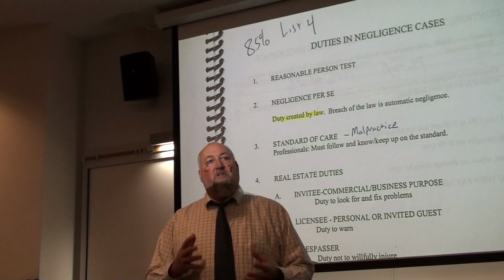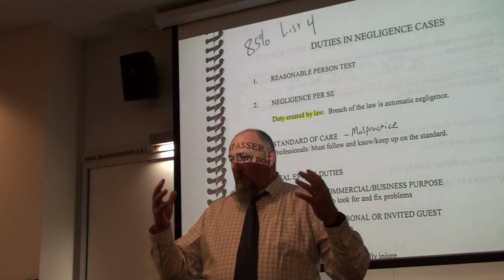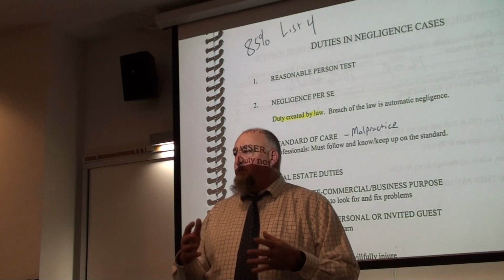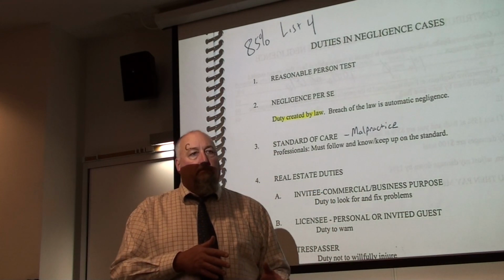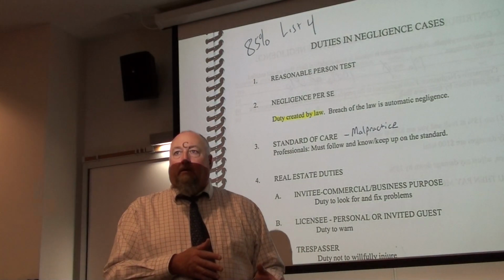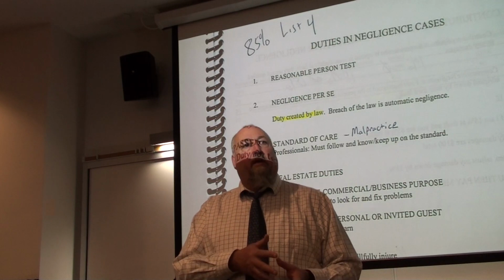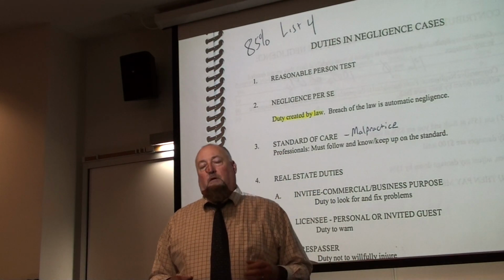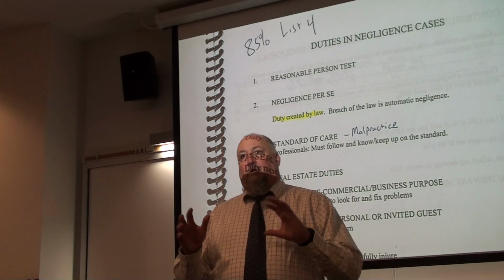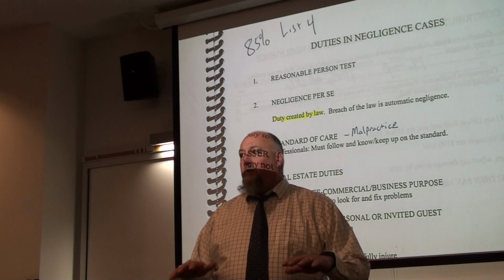So the idea of reasonability is this general question: what would the fictitious reasonable person do under those circumstances? And if you didn't act in that way, even if you were going the speed limit, but it was unreasonable, you're still negligent. You still violated your duty. So again, this is the basic foundational idea of duty.